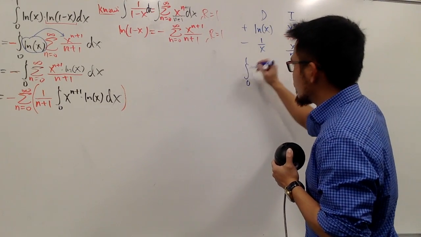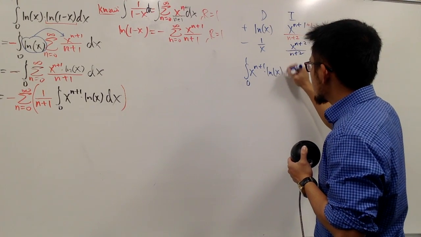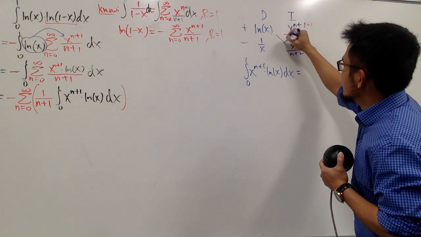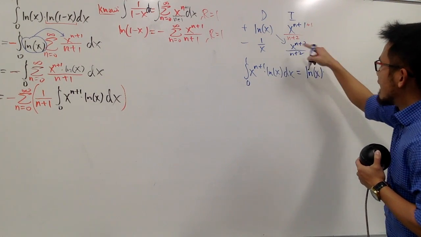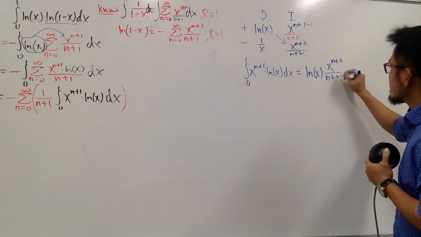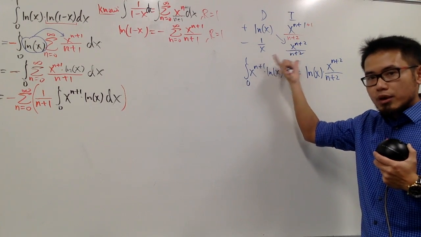The integral from 0 to 1, x to the n plus 1 times ln x and dx is, you do this times this first, so that's ln x times this, which is x to the n plus 2 over n plus 2. And don't forget, the product of each row is still an integral.